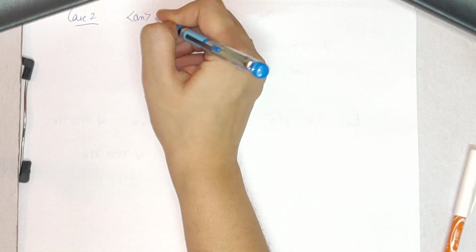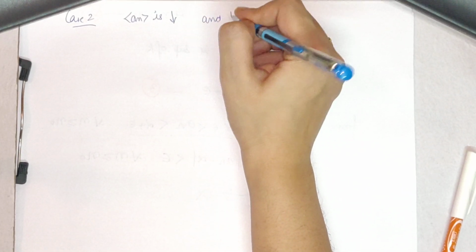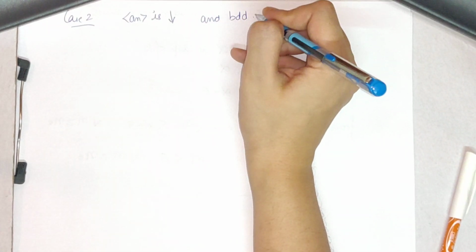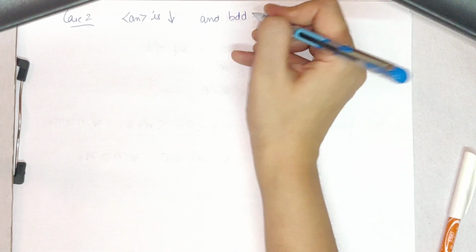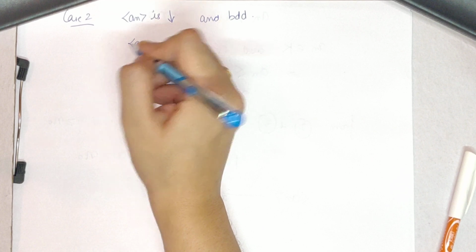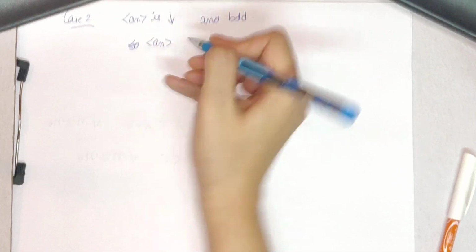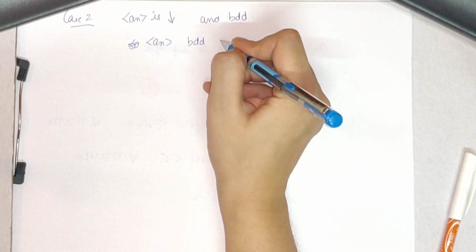Now quick outline of the second case. Case 2, sequence an is monotonically decreasing and bounded. What happens here? I'll use that sequence an is bounded below.